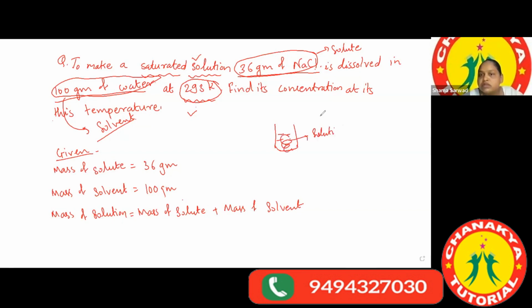Salt solution. Isn't it? Salt is added into water, so it is salt solution. Correct? It is made by the addition of solute and solvent. So mass of solution is equal to mass of solute plus mass of solvent. Clear? So it will be 36 plus 100 is equal to 136 gram. Clear?